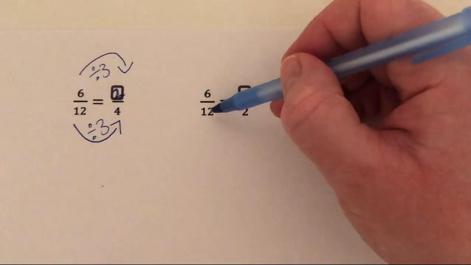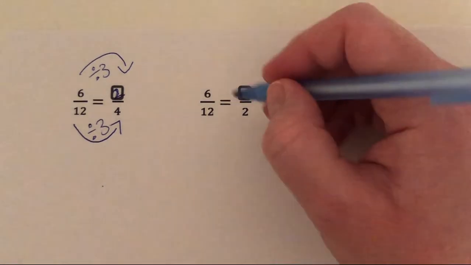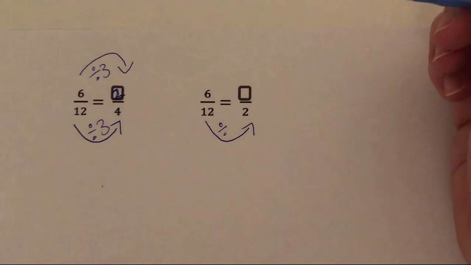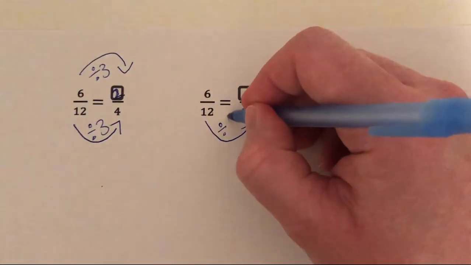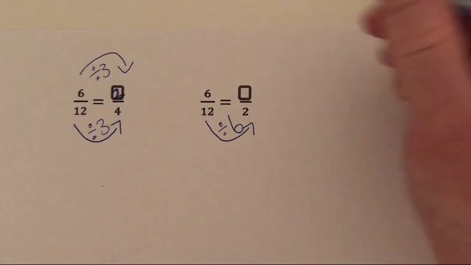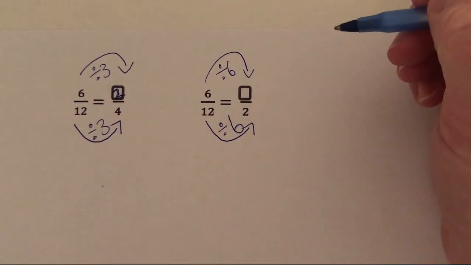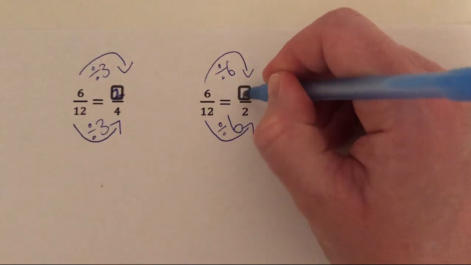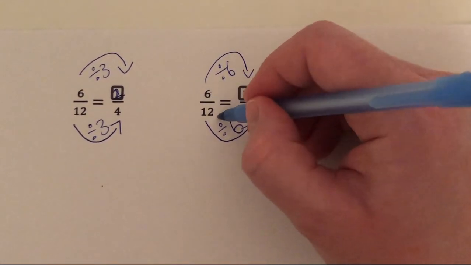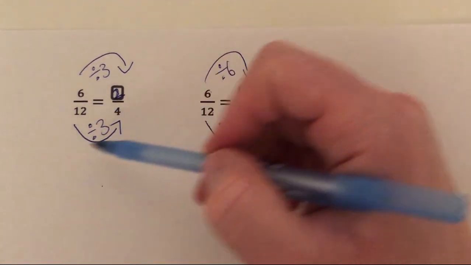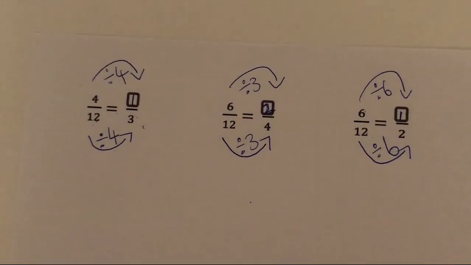Here we have 12 down to 2. 12 divided by, can you guess? 6 equals 2. So therefore 6 divided by 6 equals 1. So 6/12 equals 1/2. So you can do the same using division.